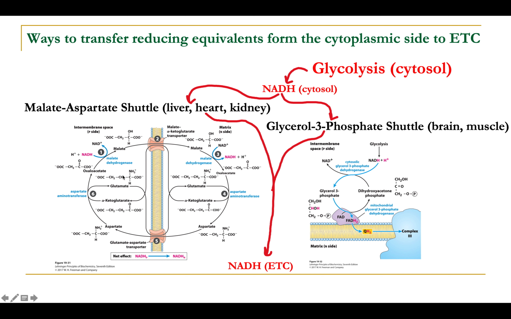Malate dehydrogenase in the cytosol takes oxaloacetate and uses NADH generated, for example, during glycolysis to reduce oxaloacetate to malate and concomitantly produce NAD plus, the oxidized form, which could be used for running next cycles of catabolic processes.